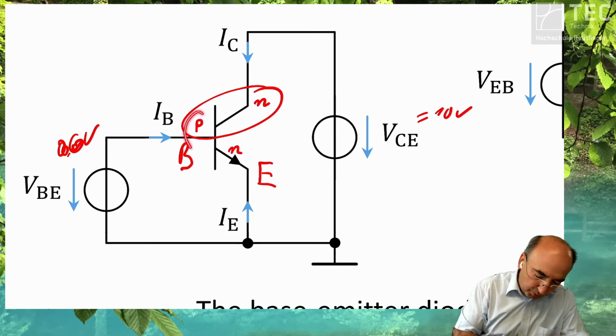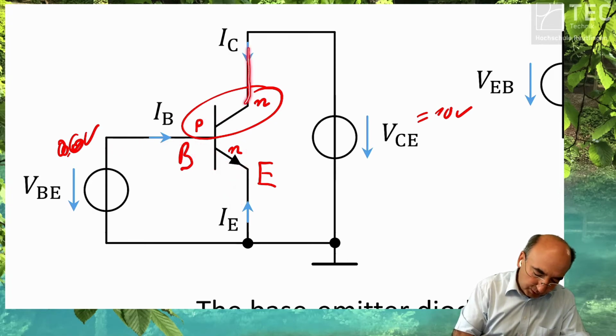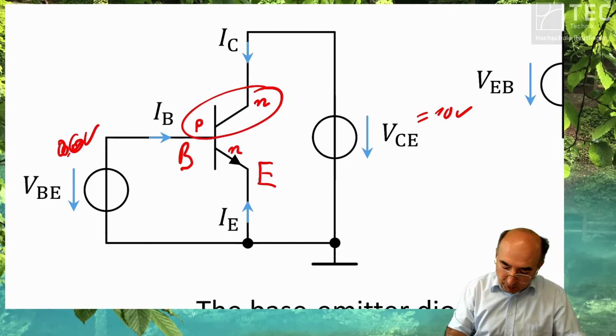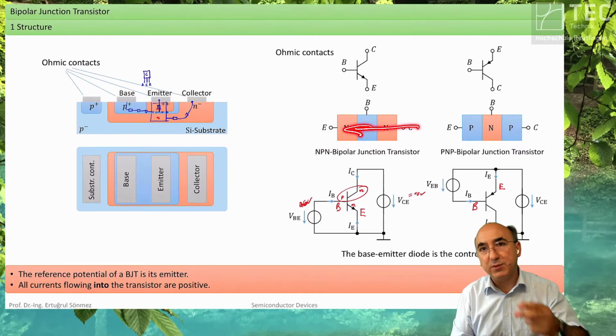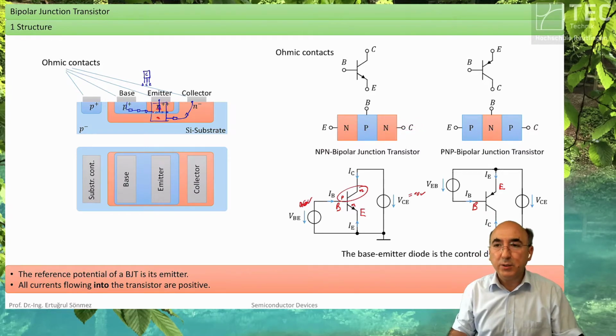It is forward polarized. Okay, here a current is flowing, but from collector towards base, we have a reverse polarized diode. So you can't have a current here through if you have just two diodes. But nonetheless, it works.